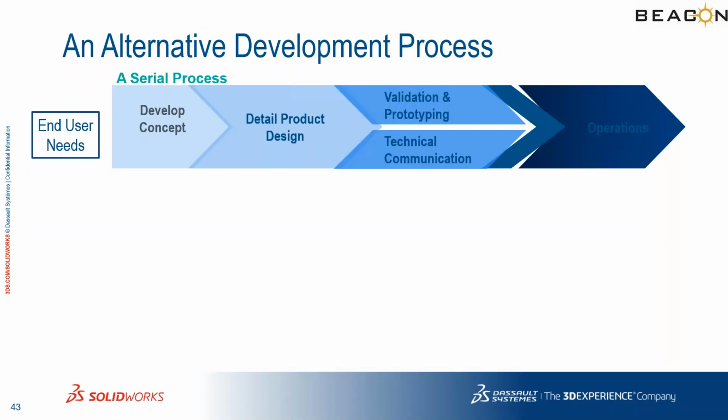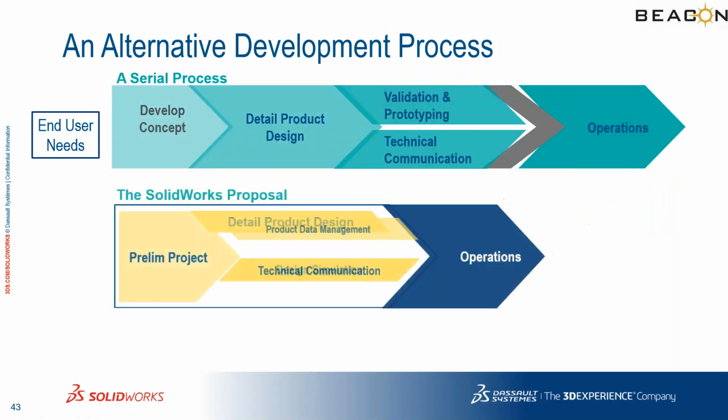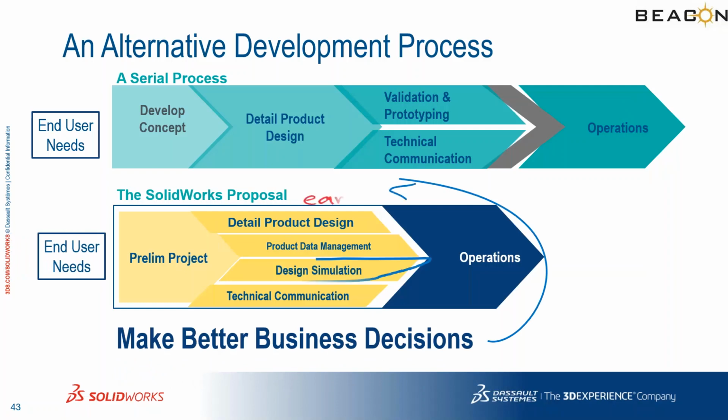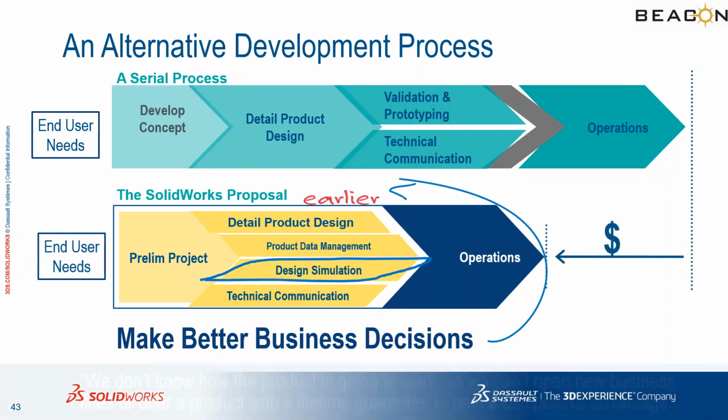So it is definitely an alternative development process for our day-to-day engineering work, where the design validation part starts after the design. With the help of SOLIDWORKS, you can start this design validation process right along with the product design itself.